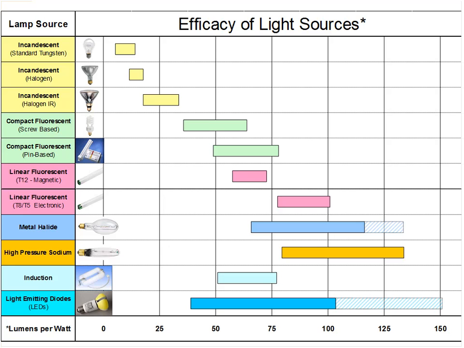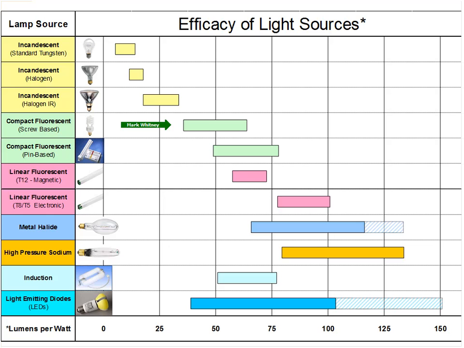So let's look at some common light sources and see how they compare in efficacy. If you look here at incandescent, you can see very clearly it's very low on this scale. If you go to halogen, it gets better. If you go to halogen infrared, which is the best incandescent source, that gets better. And as you can see, every light source has a range of efficacy.